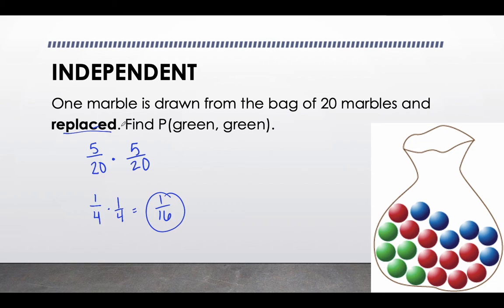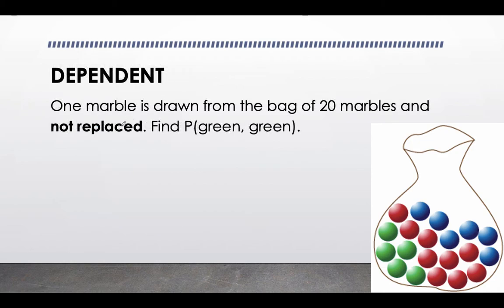An example of a dependent event is the same scenario, only we are not replacing that first marble. So we know that there was a 5 out of 20 chance of picking that first green. Assuming the marble we pick is a green, there are now only 4 greens left, and there are only 19 total marbles left in the bag.